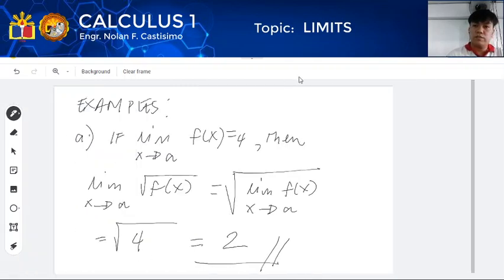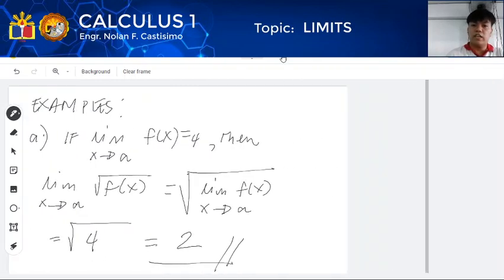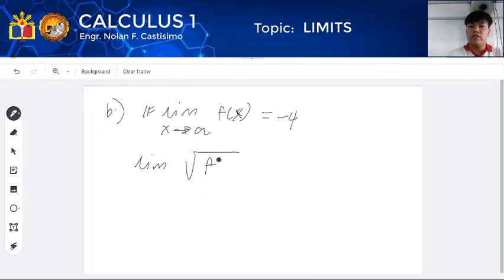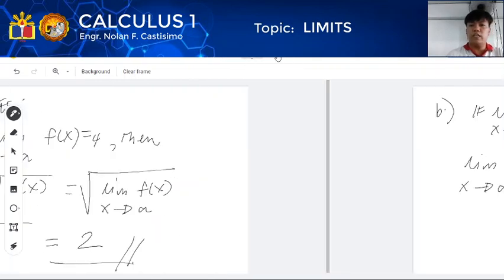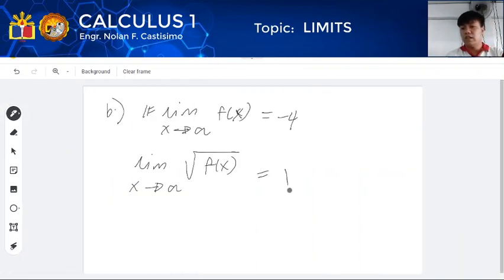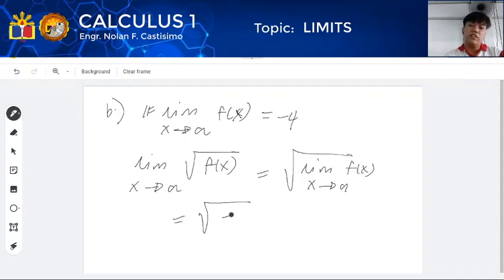Yung previous. Dapat ganyan. Limit of f of x as x approaches a. Tama? So, magiging equals, labas natin, limit of f of x as x approaches a. Equivalent to square root of negative 4. Meron ba tayong square root of negative 4?